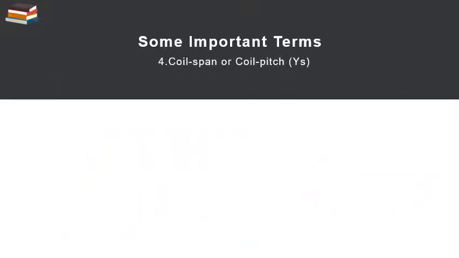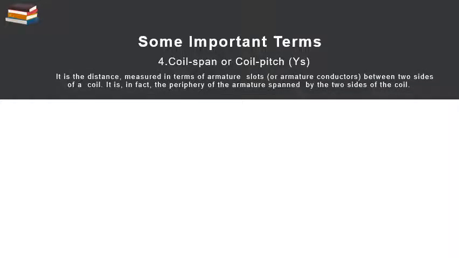Number 4 is coil span or coil pitch, denoted by Ys. It is the distance measured in terms of armature slots or armature conductors between two sides of a coil. It is, in fact, the periphery of the armature spanned by the two sides of the coil.